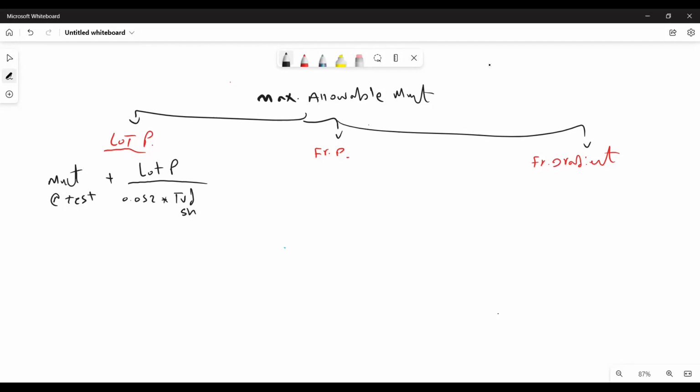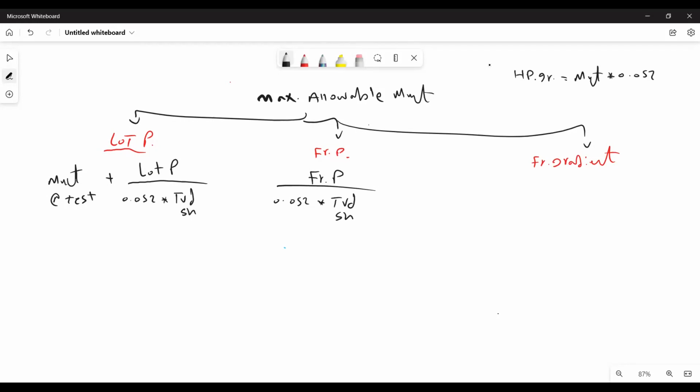Okay, this is the first thing. If he gives us fracture pressure, we need to take the whole fracture pressure and divide over the constant 0.052 times TVD shoe.